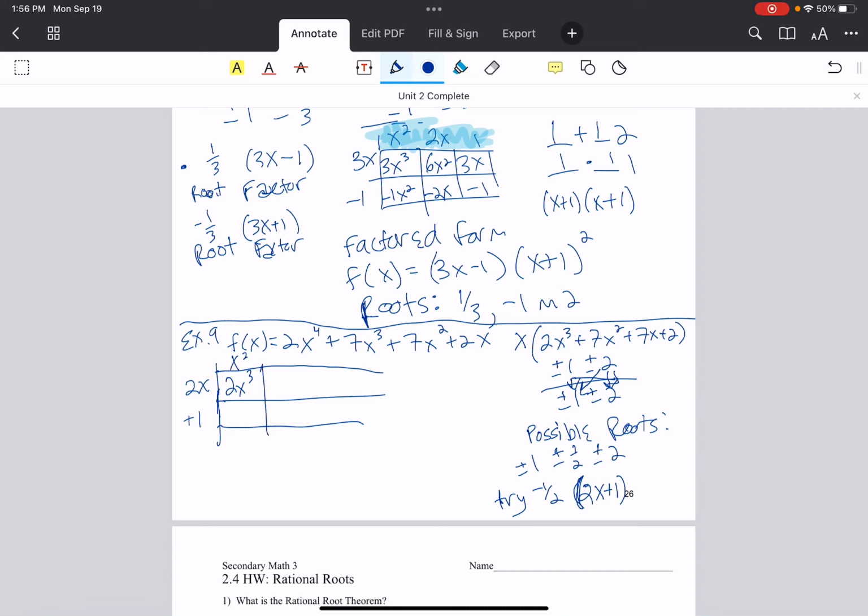Wait, so will the roots always work? No, I just told you which ones to try because I wanted to practice. So once you pick one to try, you might get a remainder of something. If it's not 0, then you go to the next one. Just like if I try in numbers, if I try to divide by 2 and I get a decimal, I go to the next one, right? So you're taking the one from the one with the GCF that's out, right?